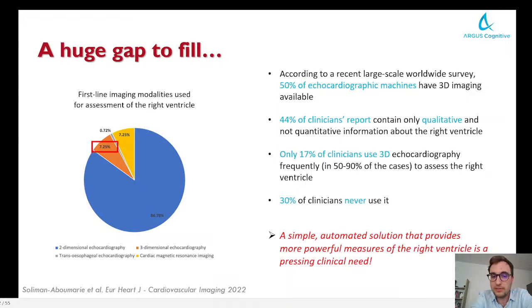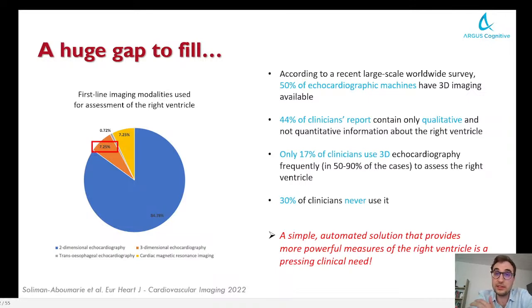Even in 2022, 44% of clinicians report only qualitative and no quantitative information about the right ventricle, and only 17% of clinicians use three-dimensional echocardiography in their clinical practice to assess the right ventricle. So there's still a huge road to walk. And 30% of clinicians have never used three-dimensional imaging.